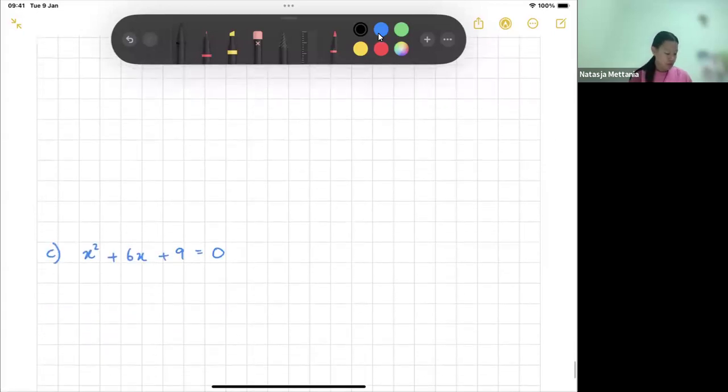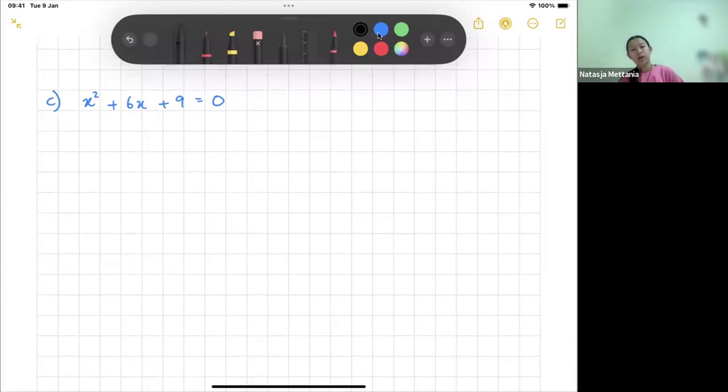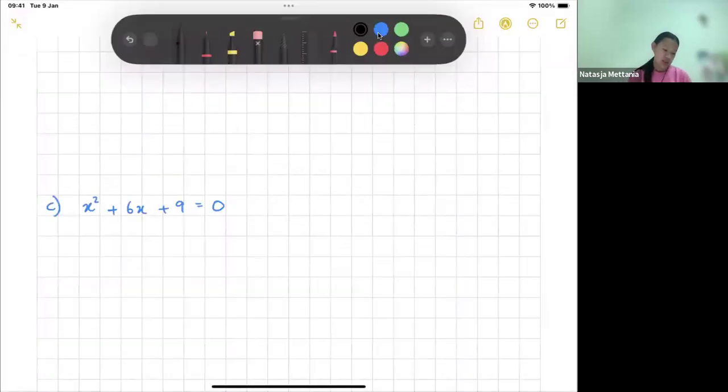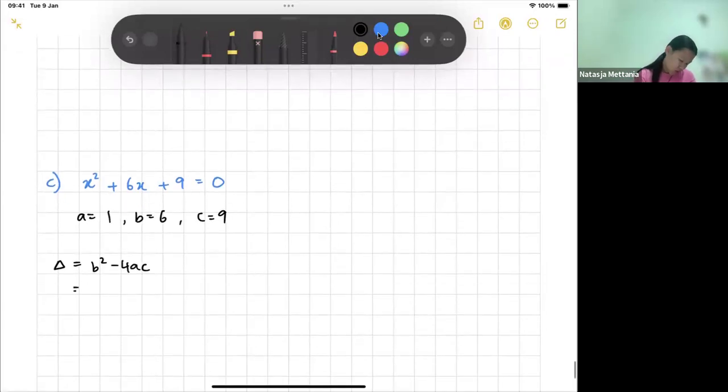That's it. Last but not least, x squared plus 6x plus 9 equals 0. Same thing: a is equal to 1, b is equal to 6, and c is equal to 9. Then I'm going to write down my formula for the discriminant. Substitute: b squared is going to be 6 squared minus 4 times 1 times 9.